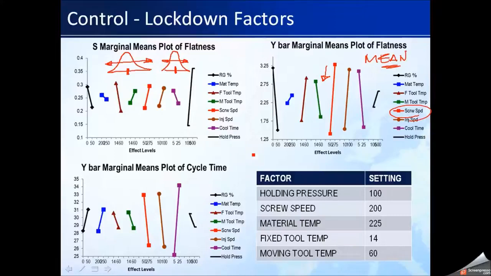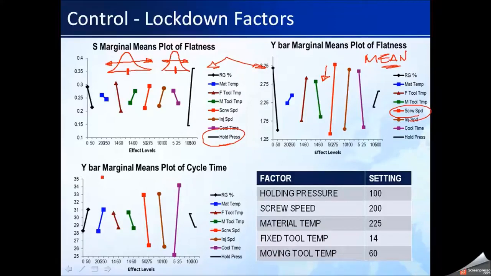Now that is being driven here, look, by the holding pressure for flatness. So immediately we know now how to pinch the variability in for flatness. So they're the two graphs, they're the two diagrams for flatness.